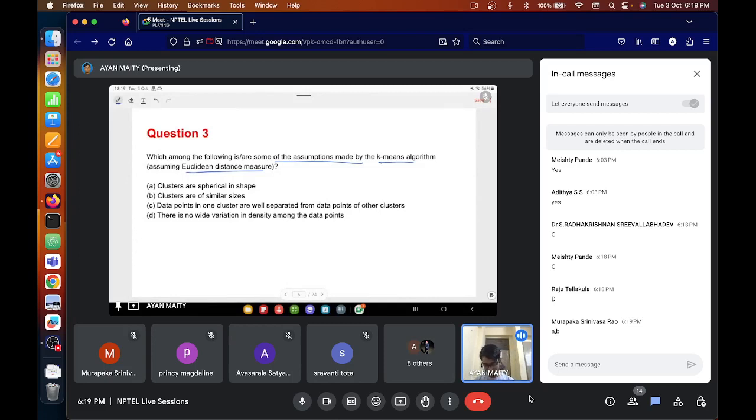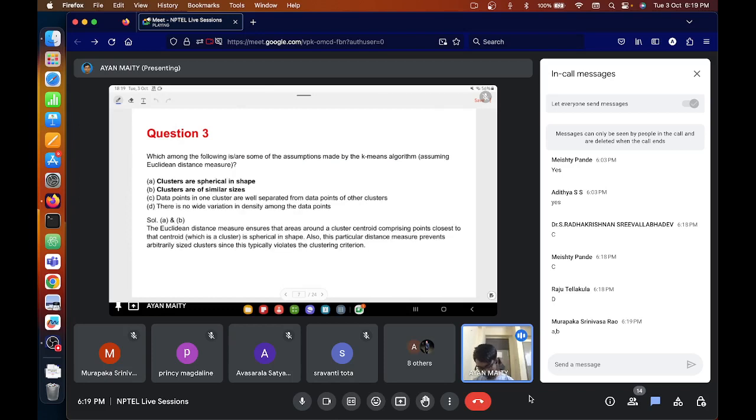The correct options are A and B. So these are the two straightforward assumptions that are certainly made by K-means clustering. Because in K-means clustering generally Euclidean distance is used, and because of Euclidean distance, it assumes that clusters are of spherical shape.